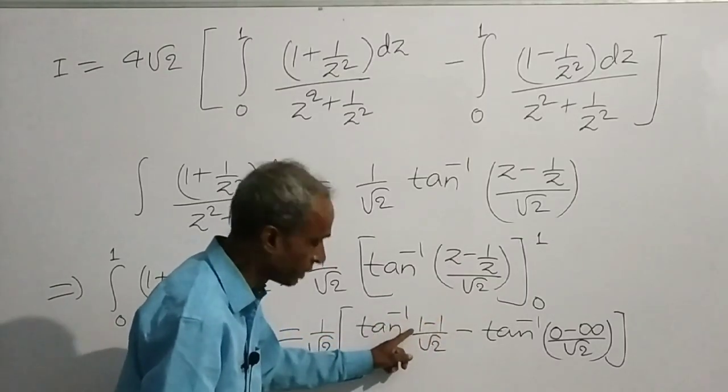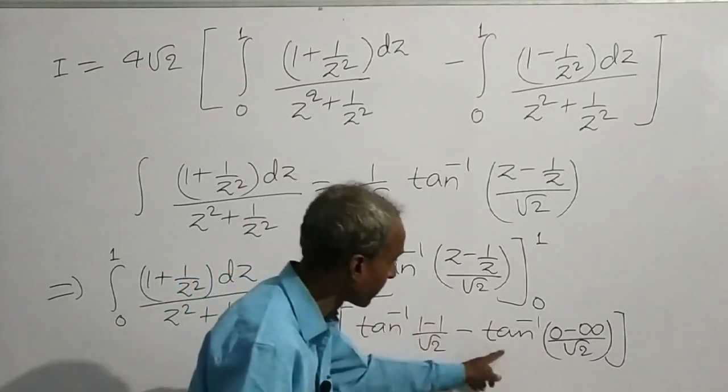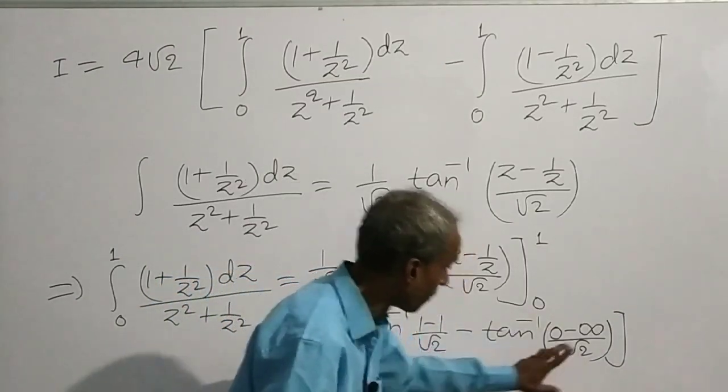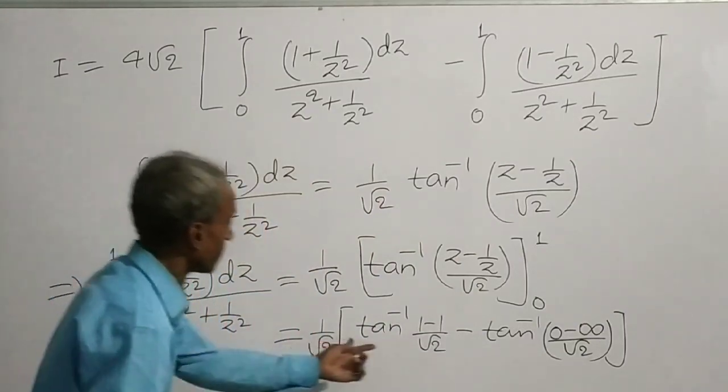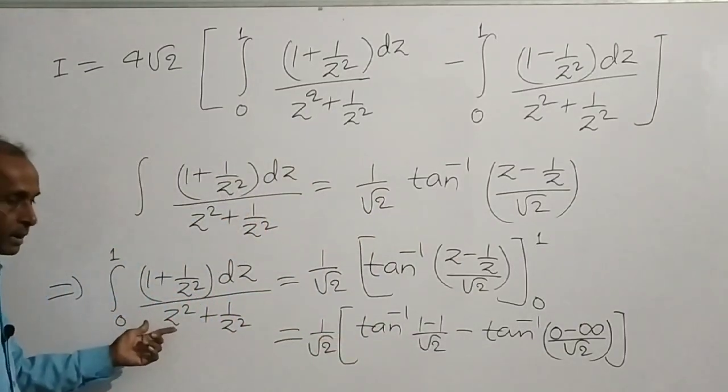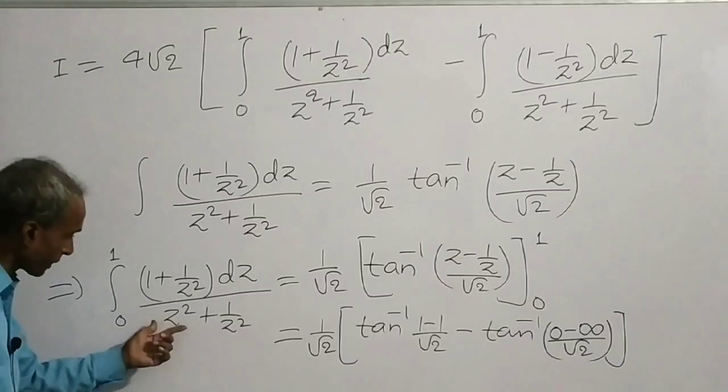Tan inverse 0 minus tan inverse of minus infinity.